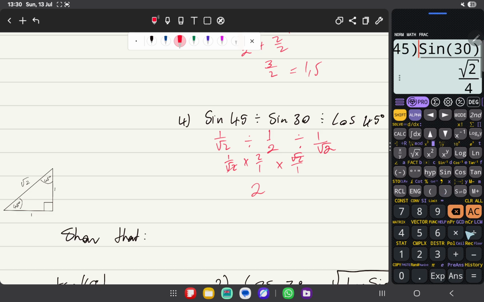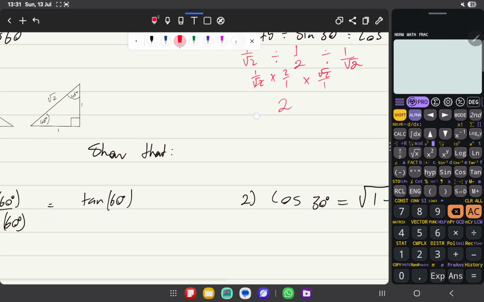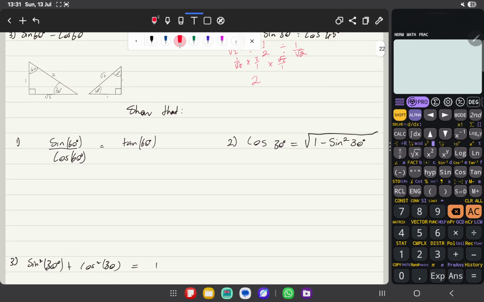No, not multiply, divide. Then, my friend, we're getting exactly 2, which is the answer we got from our workings. So we're still good.